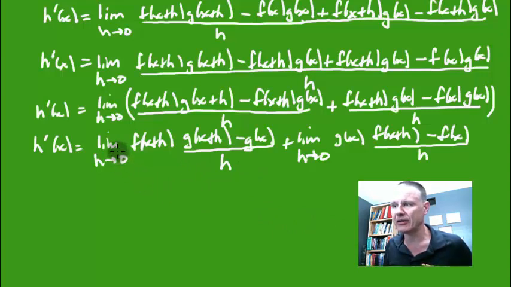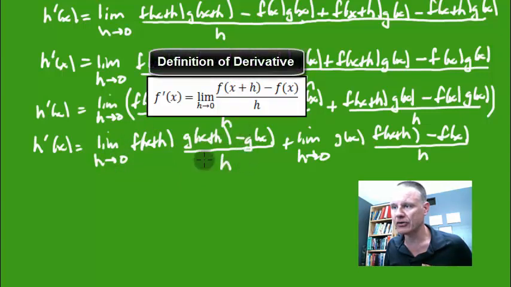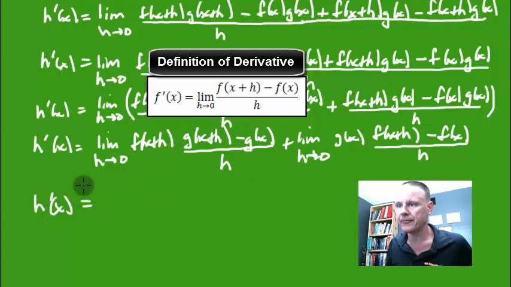If I take the limit of this expression, this is really g prime, the derivative of g. I've got g of x plus h minus g of x, which fits the pattern of the derivative. So the limit as h approaches 0 of this is g prime.